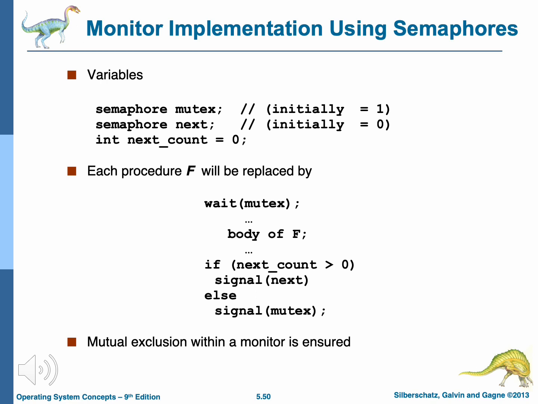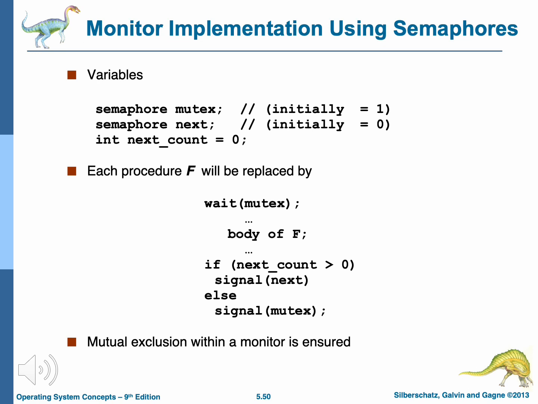Since a signaling process must wait until the resumed process either leaves or waits, an additional semaphore, next, is introduced, initialized to 0. The signaling processes can use next to suspend themselves. An integer variable next_count is also provided to count the number of processes suspended on next.